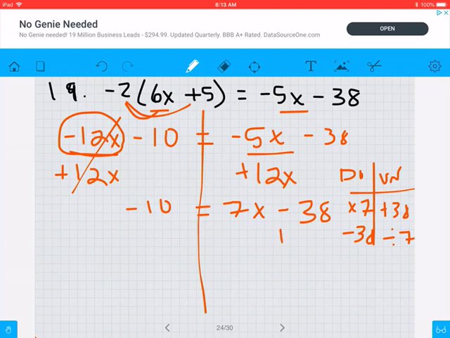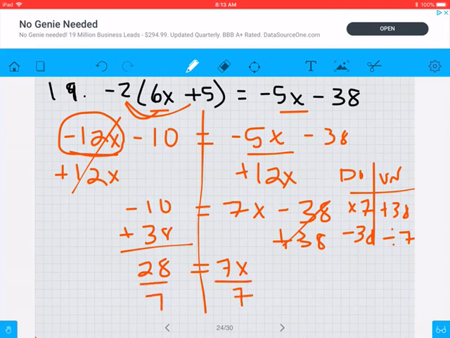Adding 38 to both sides here, we are going to get a positive 28 over here equals, these two 38s are going to cancel, a 7x. And I'm going to divide by 7 on both sides, and I'm going to get x equals 4.